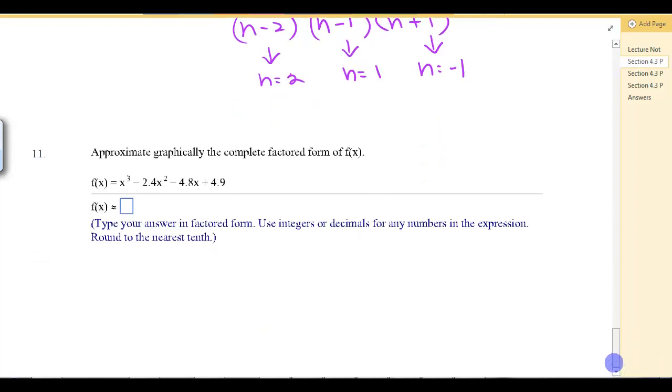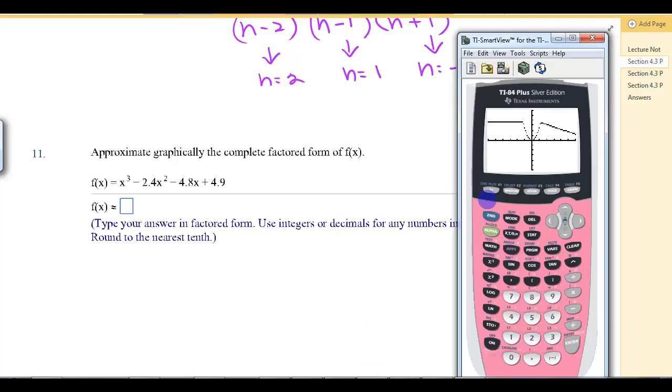Last question says approximate graphically the complete factored form. So you're going to pull your calculator up. We are going to clear all of this business down here. I do not need to have dot mode, so regular mode.